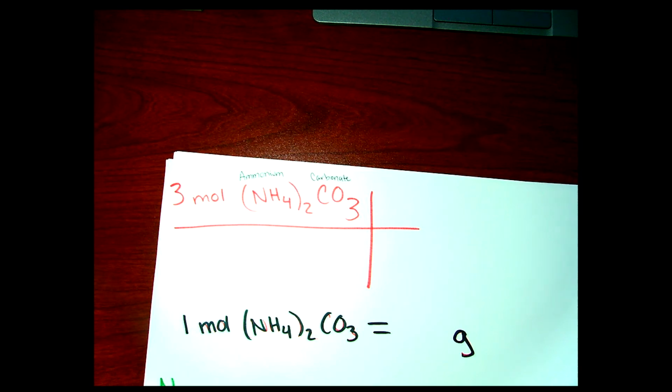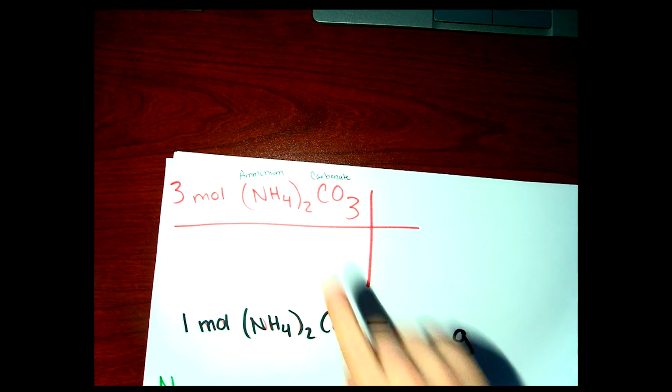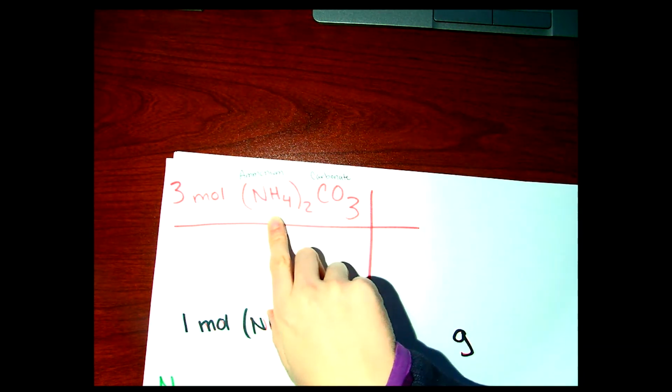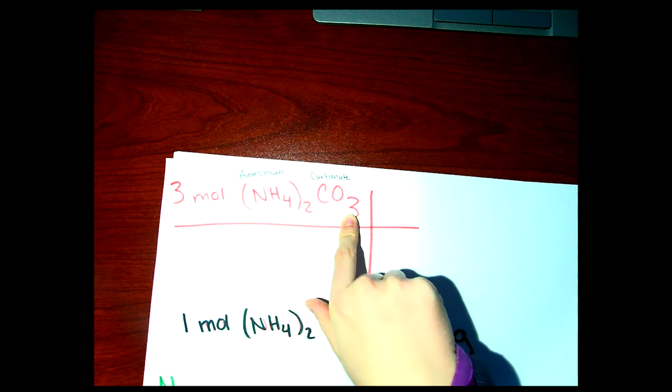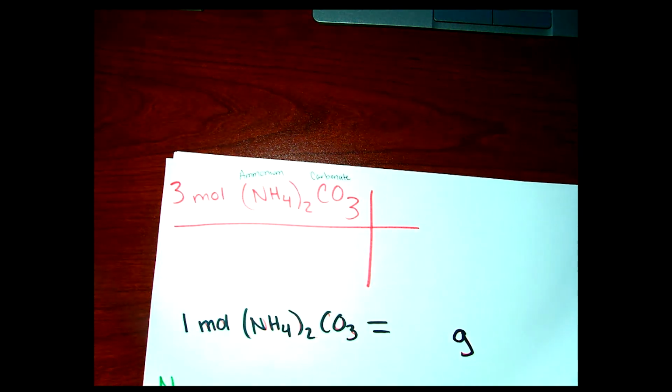All right, so here's an example we will work that is a compound composed of two polyatomic ions. That's ammonium carbonate. In this compound, we actually have two of the ammonium ion and one carbonate ion, which are bonded together.